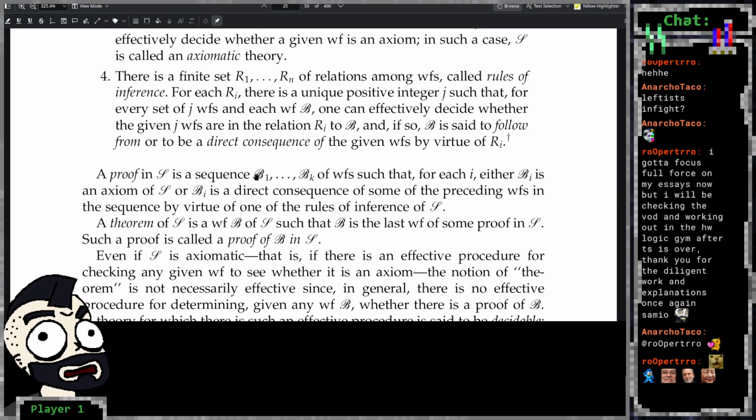There is a finite set that goes from R1 to Rn, so an arbitrary yet finite number of Rs, of relations among well-formed formulas called rules of inference.